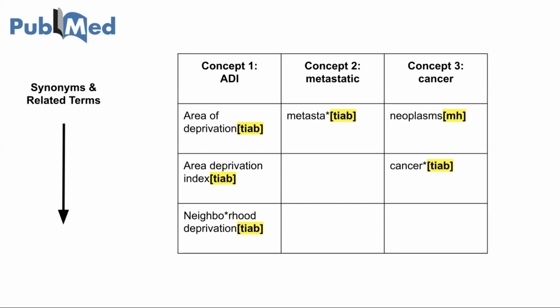I will then perform a new search to combine all three with the Boolean operator OR. I will repeat this process for concept or column number 2. I will again repeat this process for concept 3, column 3. Finally, I will combine the clusters together with AND because I want all articles to mention all three of the concepts.